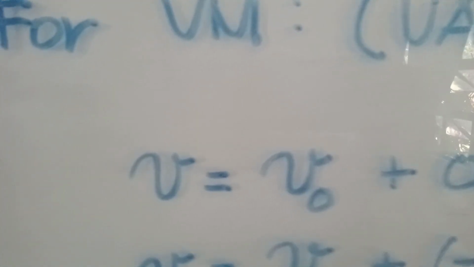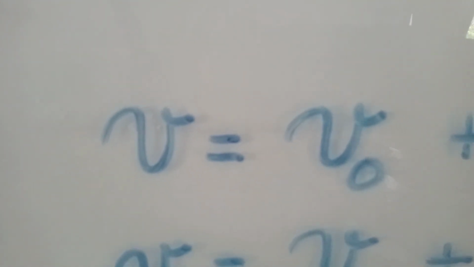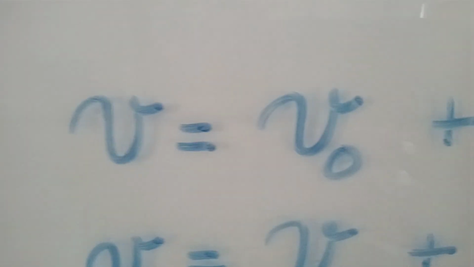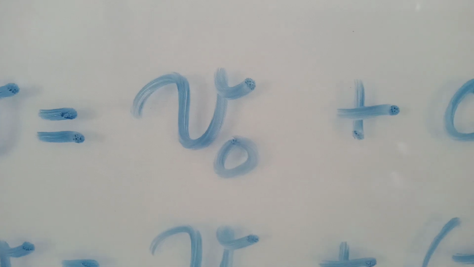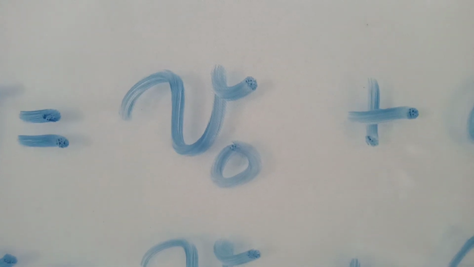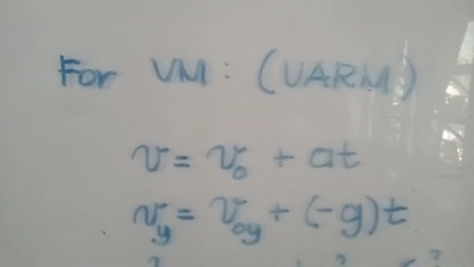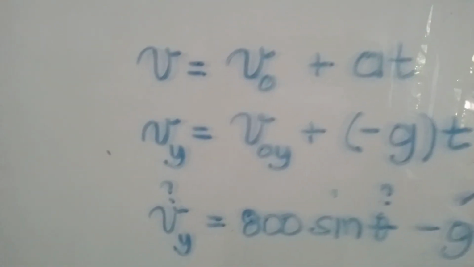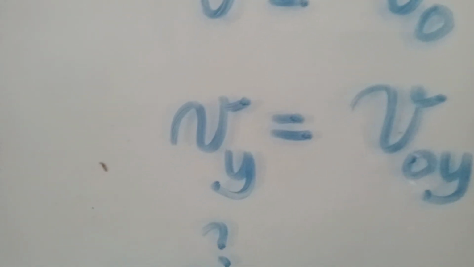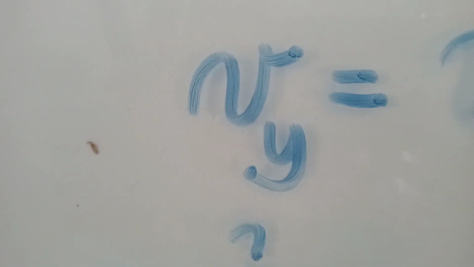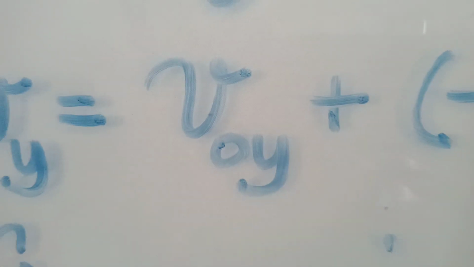Remember, from the formula, v refers to the final velocity, so that's the velocity at any final destination, while v sub o is the velocity at the launching point, since this is a projectile. Now, since this is a vertical motion, all of the two must be the y components: the y component of the final velocity, the y component of the initial velocity.